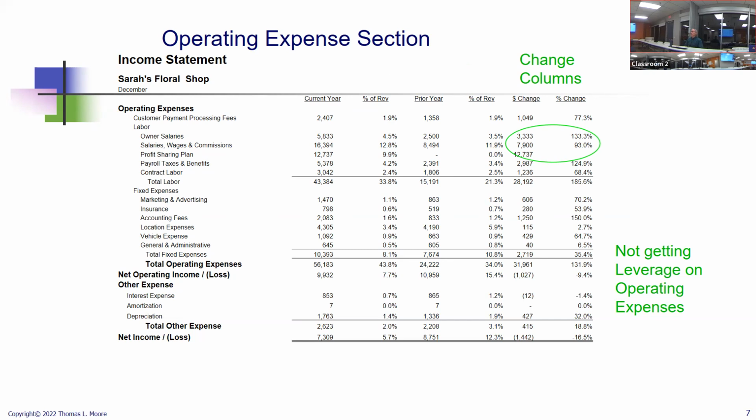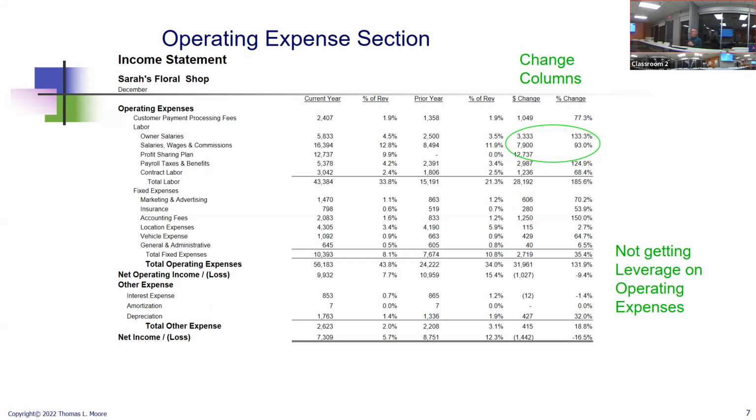Last year, she paid herself $2,500. This year, she's paying herself $5,833. So she's paying herself more. That's one reason why our total operating expenses are a higher percent of revenue, is because she's making some more money.